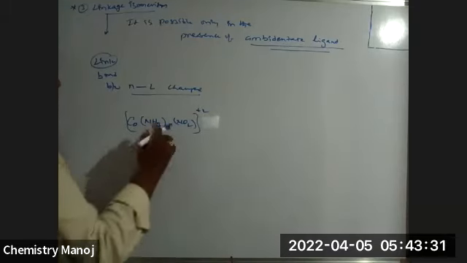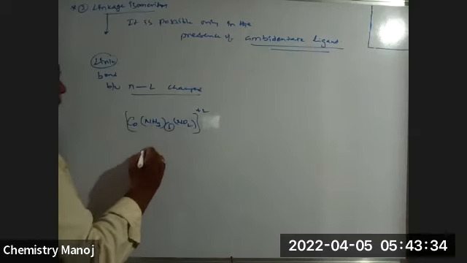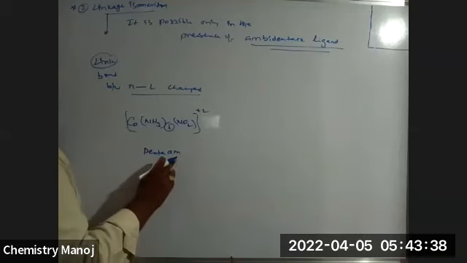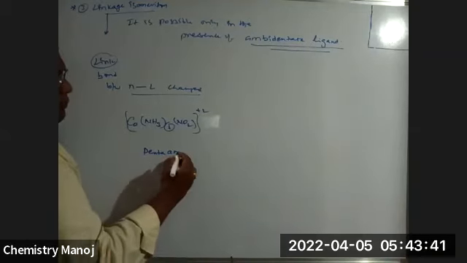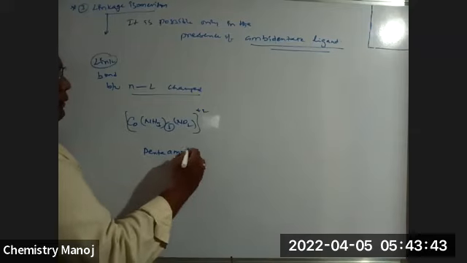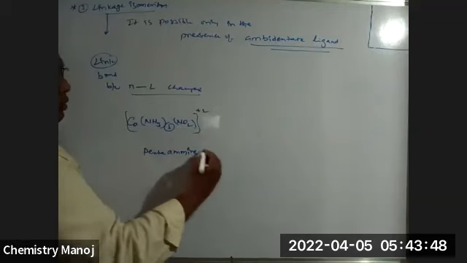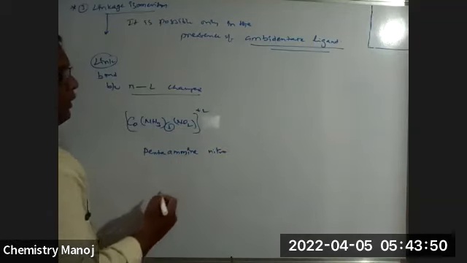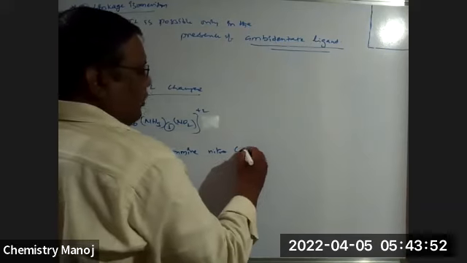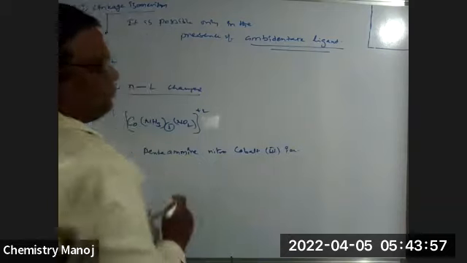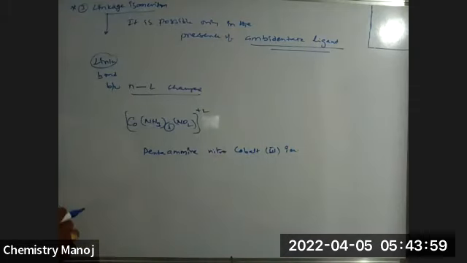Pentaamine nitro cobalt 3 ion. Amine, inorganic is double M. Pentaamine nitro cobalt 3 ion. Actually, this name is wrong, my dear. Why, sir?